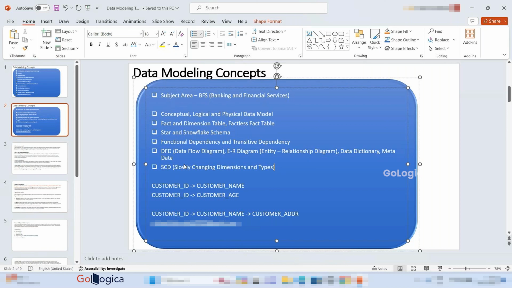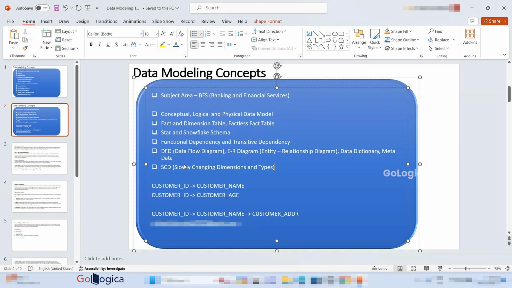Sometimes SCD type 1 to 0 is used or not. I will explain with one example of SCD also. So the slowly changing dimensions play an important role in terms of data modeling when you're going to design our physical data model. So why physical data model? Why does SCD play an important role?